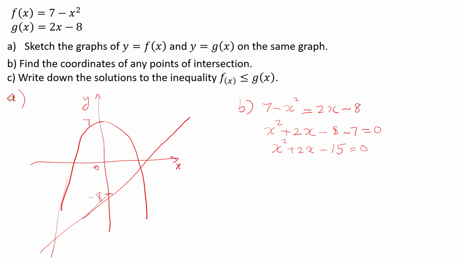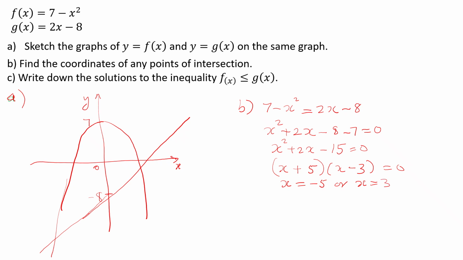Now factorize. Two numbers that multiply to give minus 15 and add to give positive 2, so x plus 5 and x minus 3. If x plus 5 equals 0, x equals minus 5, or if x minus 3 equals 0, x equals 3. Then find the y value.